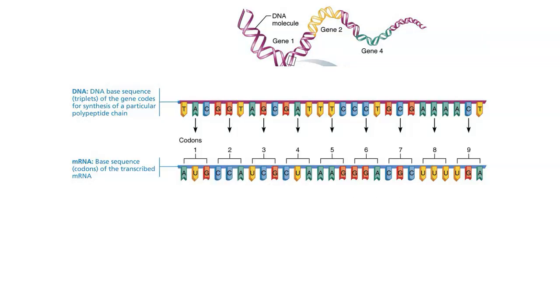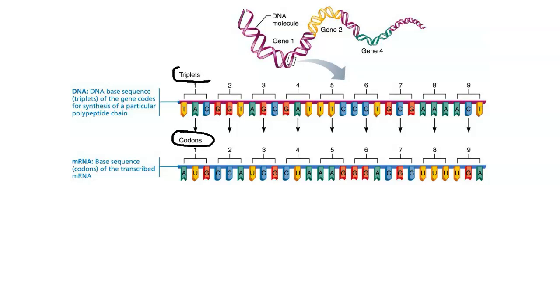So in this picture, they're showing us the messenger RNA strand with brackets, showing us that the messenger RNA is made up of codons. A codon is a 3-base sequence that's encoding what amino acid should go in that place. The codons, of course, are generated by the DNA, and that same 3-base sequence in the DNA is known as a triplet.